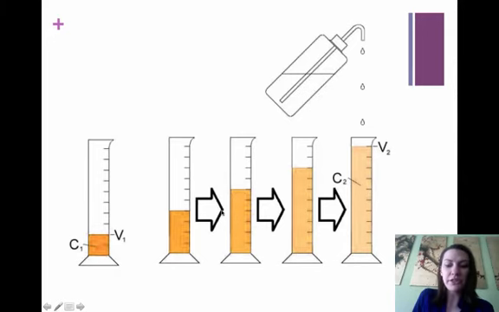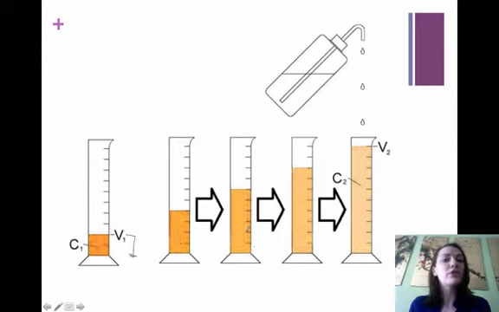Here's a little picture that helps describe what's happening. You can see we've got our original concentration and an original volume right here, just one liter in the graduated cylinder. If we add more solvent, we just add water to each of those, and you can see the color in the solution changes. We could do this with food dye, and a pale color will show us that we have fewer particles.